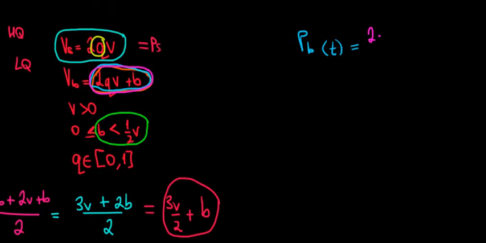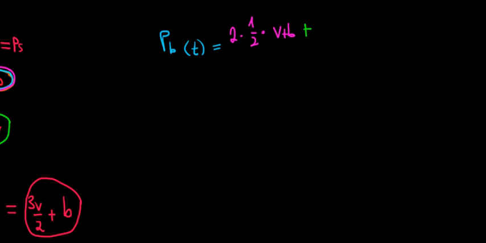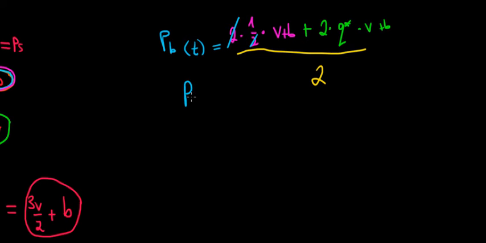So 2 times 1 over 2, multiplied with V plus B. Now on the other side we will have the other level of quality, which would be 2 multiplied with the quality that makes it indifferent, times V plus B, divided by 2. So all of this divided by 2. Now we can cancel out some terms over here. The 2 and 2 go away, so that the price that the buyers are willing to pay when they're using the test would be V plus B.